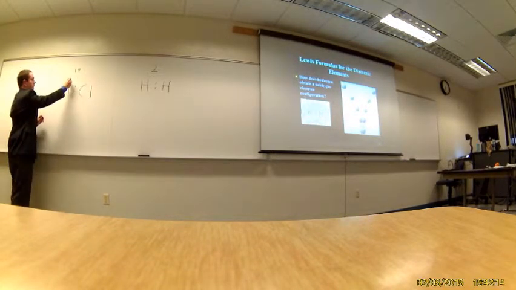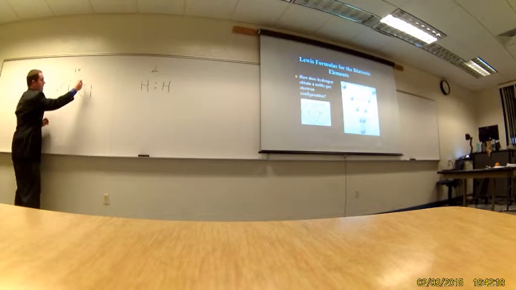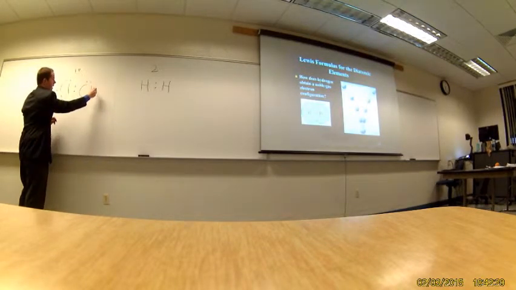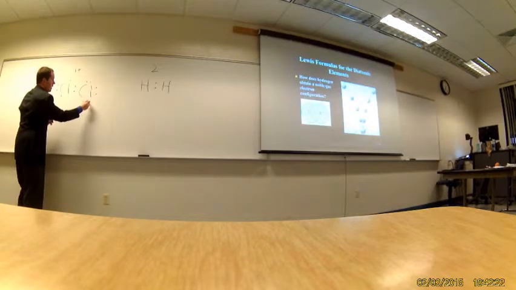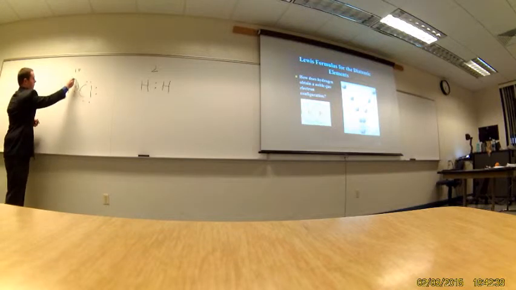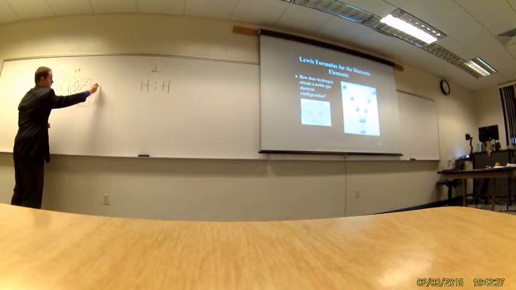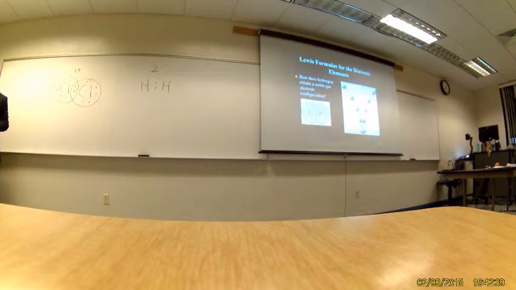So there's 2. I'm going to go 3, 4, 5, 6, 7, 8, 9, 10, 11, 12, 13, 14. So there's my 14. Is everything happy? Yes. This chlorine has 8. This chlorine has 8. Does everybody see that?